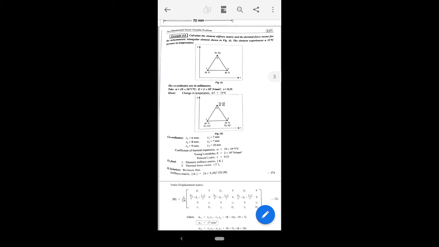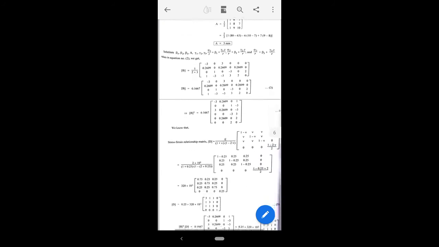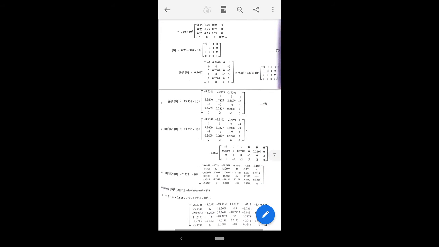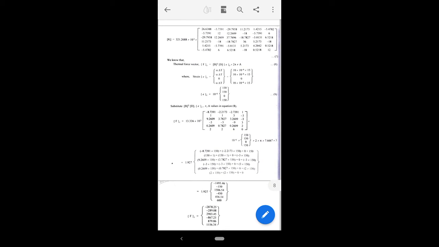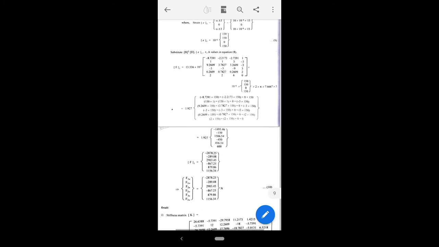All the matrices you multiply and simplify, and we get the element stiffness matrix. Similarly we can find the thermal force vector. It is the formula for the thermal force vector. You can substitute all the values. The final answer gives us the thermal force vector.